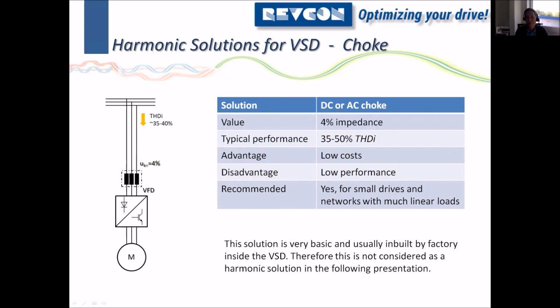But of course, this is not the full harmonic solution. We are still talking about 35% THDI, which can still be quite much. So you get rid of the biggest part. That's just the first aid. And that's something you should always consider. I would never use drives without any AC or DC choke installed, unless you have very, very small power.